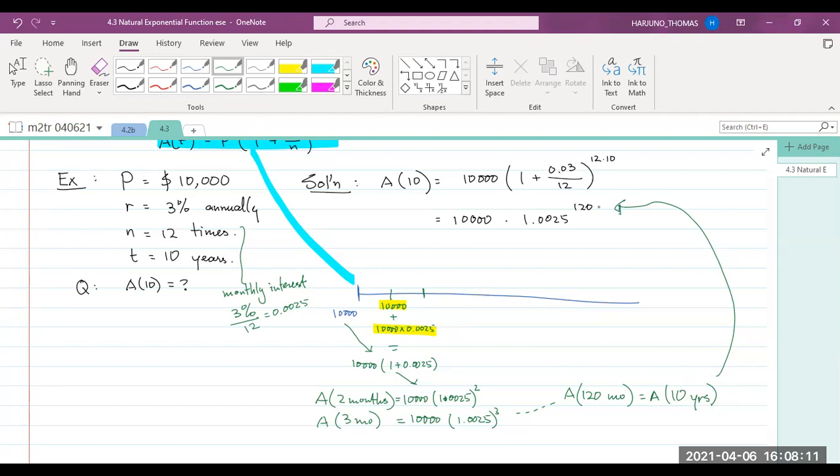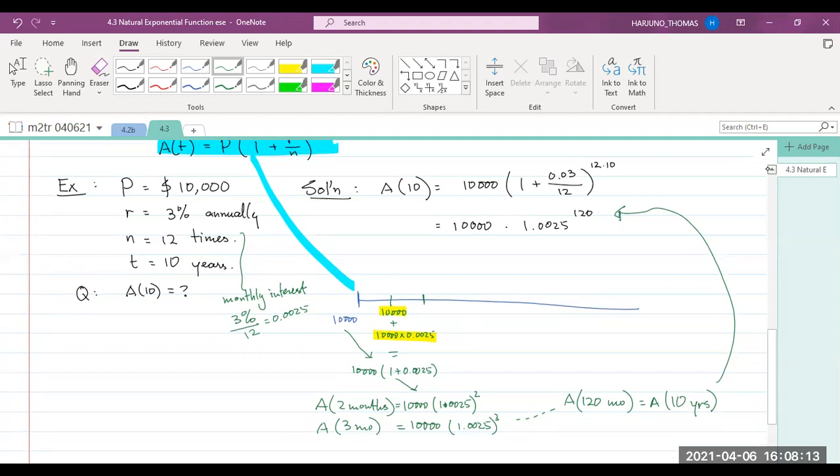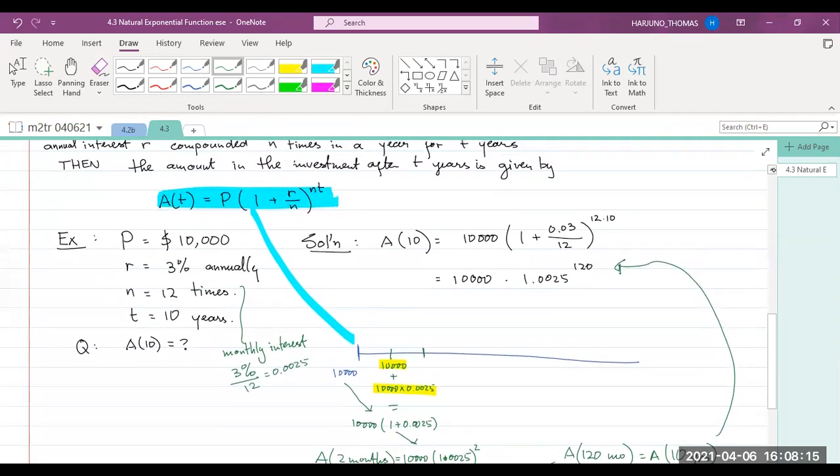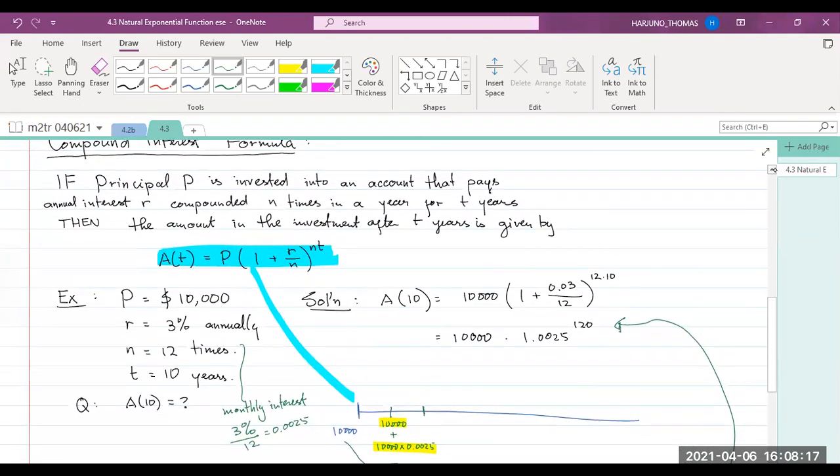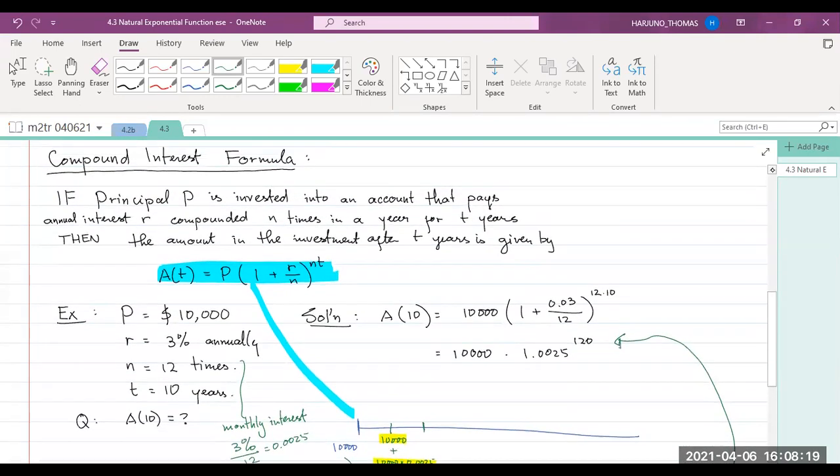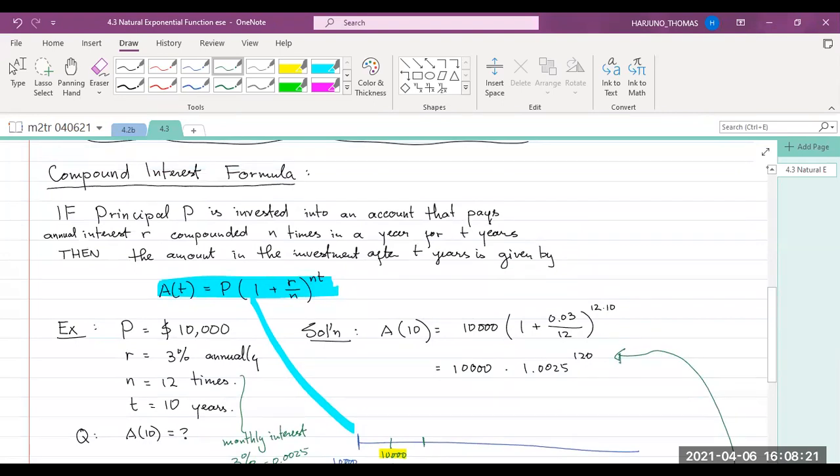This is how you compute how much money you have after you deposit certain money in a bank. And this is exactly the formula they use in the bank right now, because in the bank, they do compound interest monthly. Okay. When they do compound interest monthly, then the n is 12.